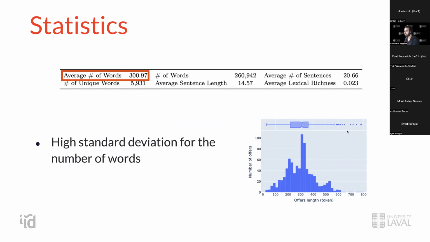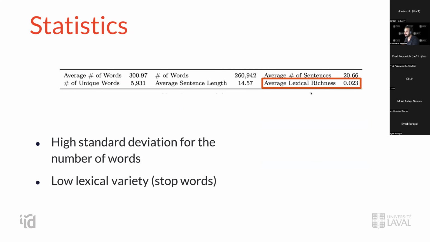Another interesting thing to notice is the lexical richness, which is basically the ratio of the number of unique words per offer divided by the total number of words. This indicates to what extent the vocabulary employed within an offer is varied.